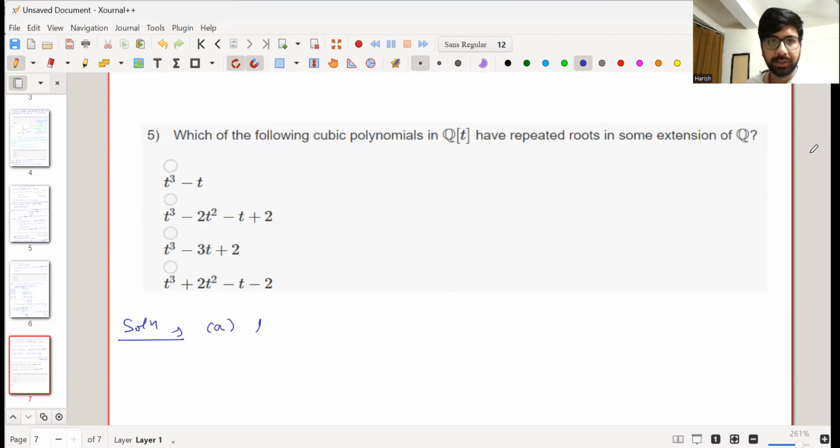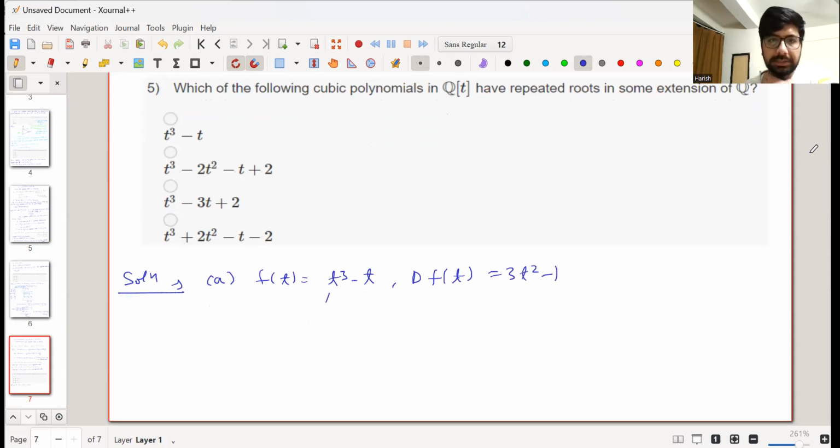So A is t cube minus t, right? Let me write f(t) is t cube minus t. So what is d of f(t)? D of f(t) is 3t square minus 1, right? So this is say t, you can write t minus 1, t plus 1, right? So if they have a common factor, then 0, 1 or minus 1 should satisfy this, right?